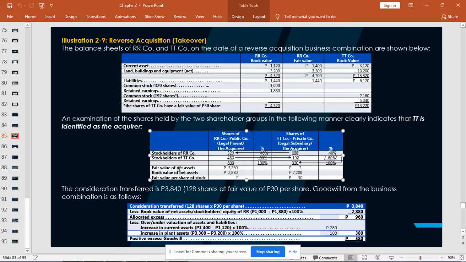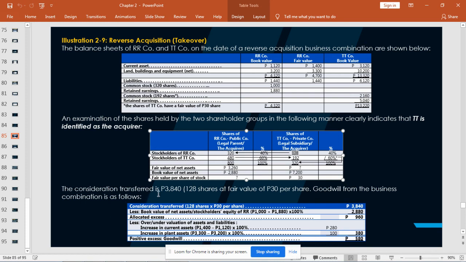Anyway, so yung fair value of net asset is 60, book value of net asset is 280,000. Book value 720,000. Then fair value of stock is 30,000.